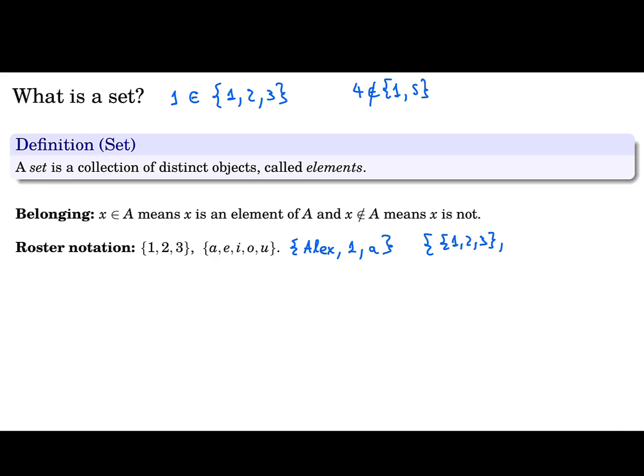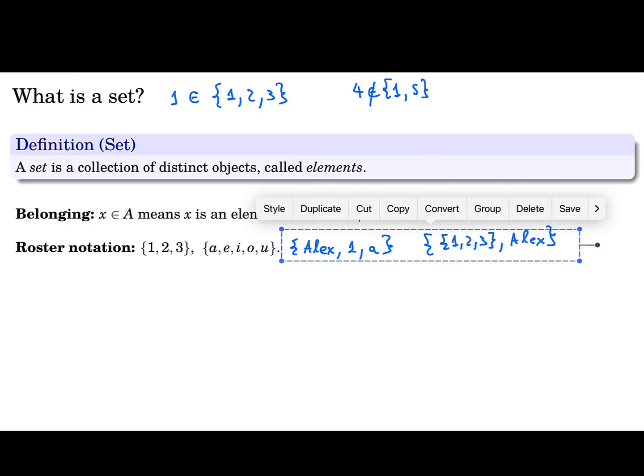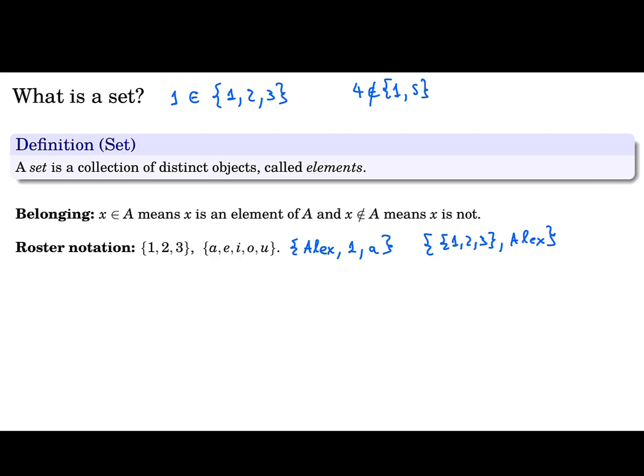So this could be the set that has the set 1, 2, and 3, and the name Alex in it, and so on. So lots of combinations can be done. Lots of different sets can be created, right?